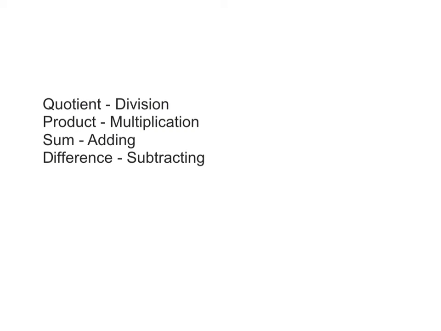So I thought we'd start with the most basic ones. Quotient, product, sum, and difference. These are words that are very, very important because those define our most important topics. So quotient is just division. You're going to see that in 4th grade with whole numbers only. Product is multiplication. In 4th grade, it's only going to be whole numbers.